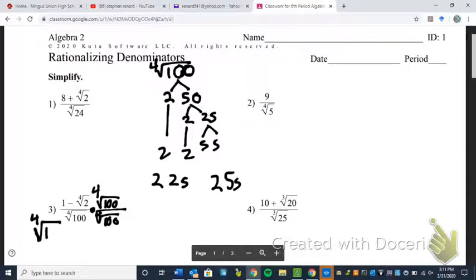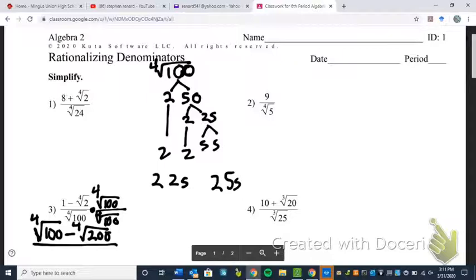And when we do that, up top, when we distribute that 4th root of 100, 4th root of 100 times 1 is the 4th root of 100. 4th root of 2 times the 4th root of 100 is the 4th root of 200.